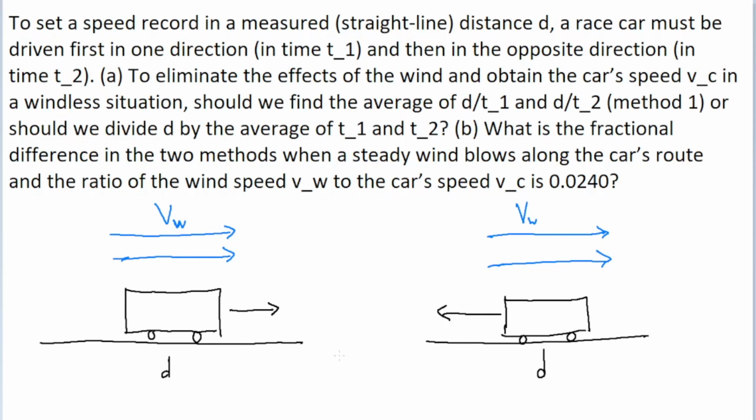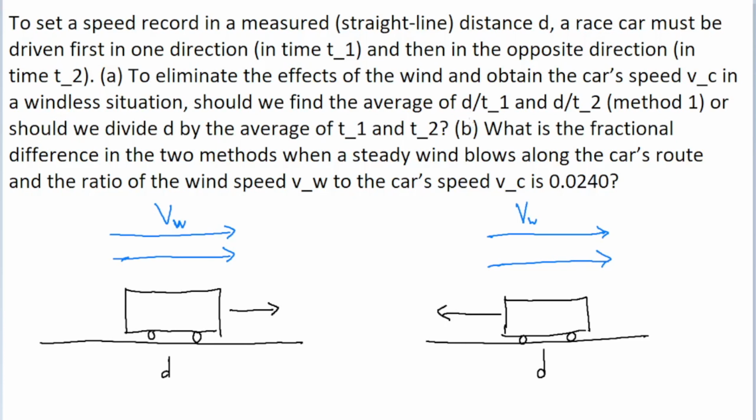So the problem's asking us this: if we measure the car's times in both directions, and we know the distance d, then how do we figure out what the car's speed would have been in a windless situation? And the problem proposes two different methods and asks us to figure out which one will work.